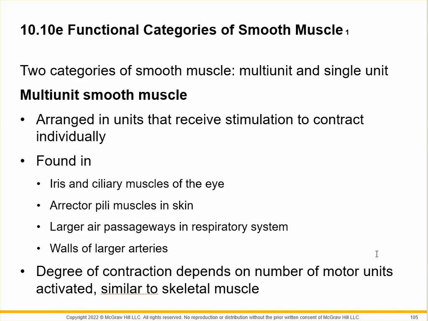Each group of smooth muscle cells, or down to a single cell, acts on its own as a unit. And so given a handful of smooth muscle cells, we have multiple units, each one behaving independently.